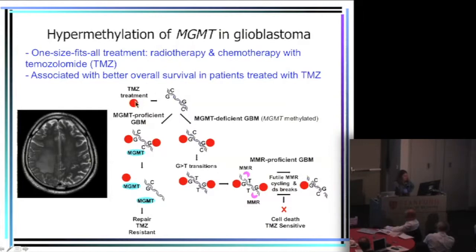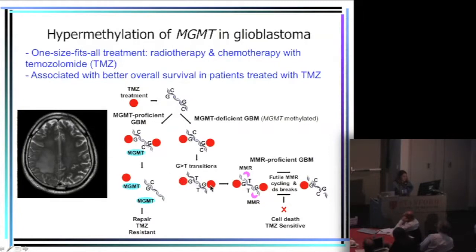And here's how it works. So the temozolomide attaches to guanines, causes alkylation of the guanines, and if MGMT is present, this removes the alkyl groups, and so you have a resistant tumor or resistant cells. Now, if the tumor or clones within the tumor are MGMT deficient, and this is presumed where you have MGMT methylation, the alkyl groups remain stuck on the guanine.